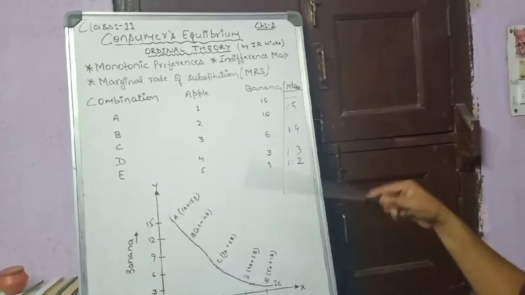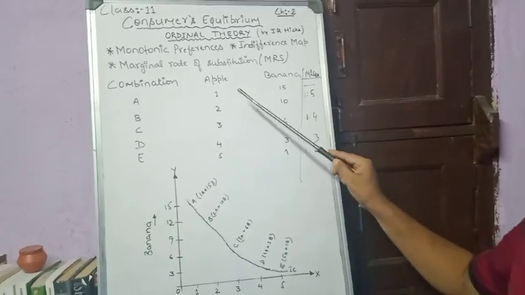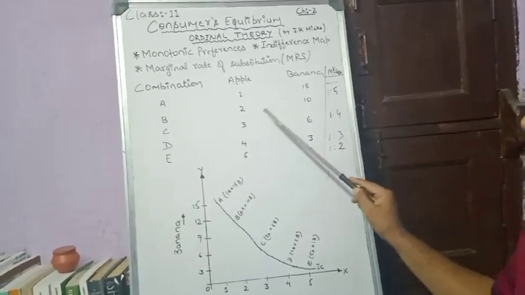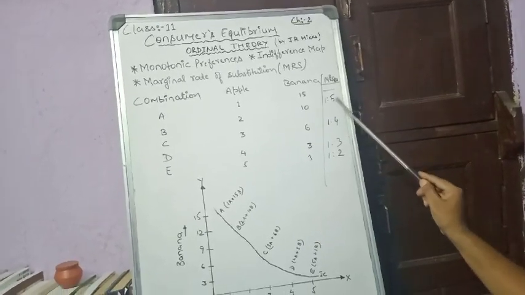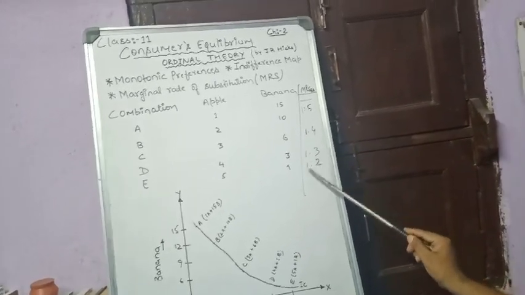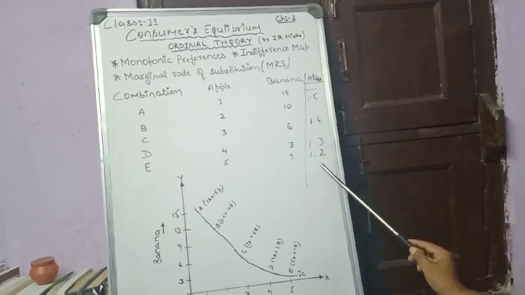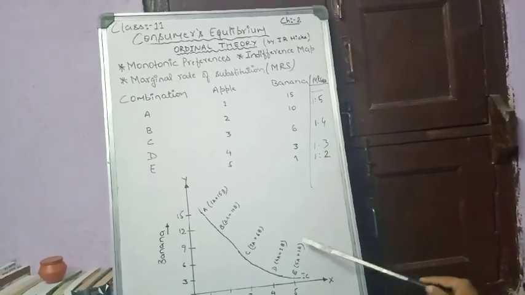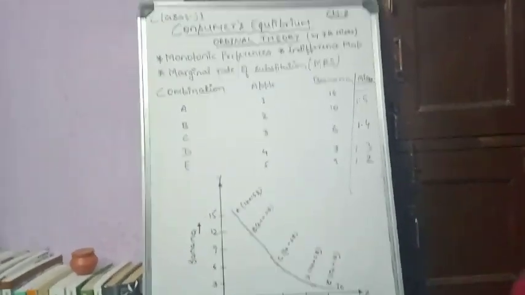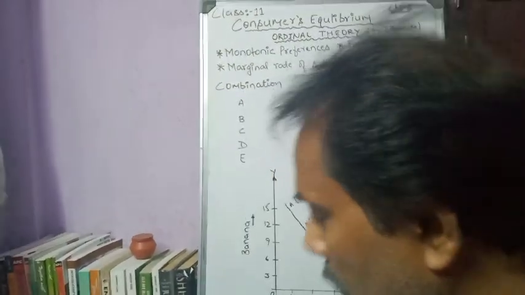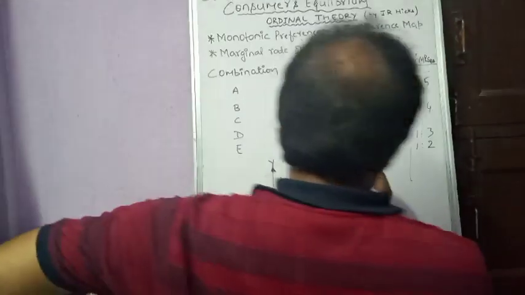So at all levels, 1:15 is the same, 2:10 is the same, or you can say 1:5, 1:4, 1:3 and 1:2. At all levels the satisfaction level is the same. The marginal rate of substitution is also known as the slope of the indifference curve.